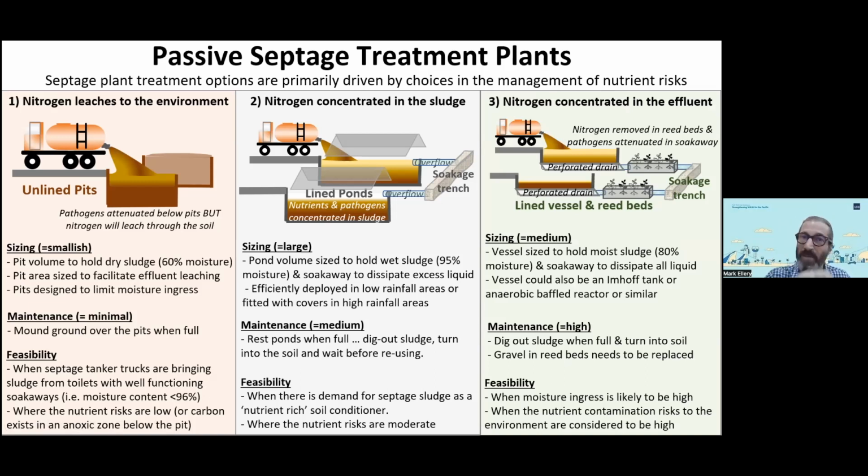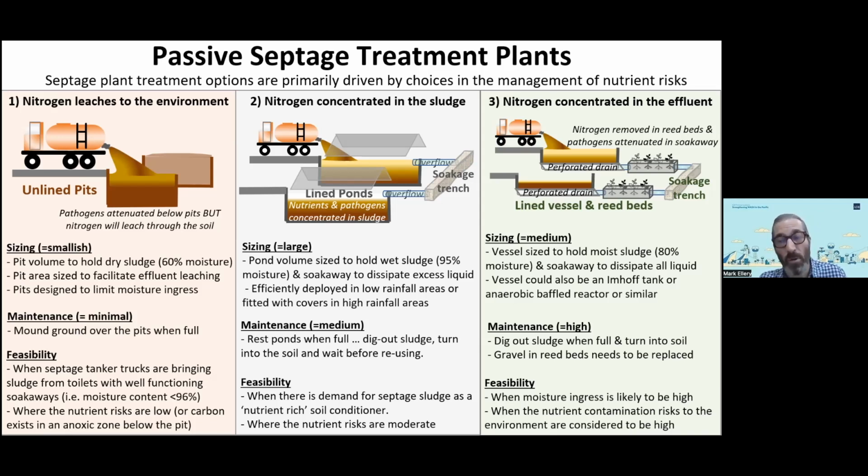But in this one, rather than having your drain at the top like the previous, you've got your drain at the bottom, and the nitrogen will flow through in the liquid, and you are able to utilize that through reed beds or some kind of method where you want to use that nitrogen concentrated in the liquid.